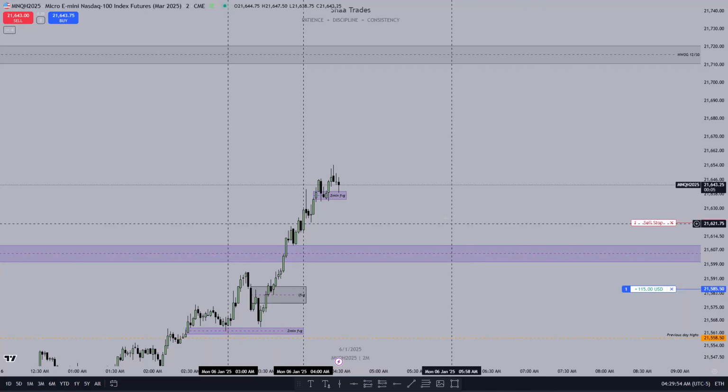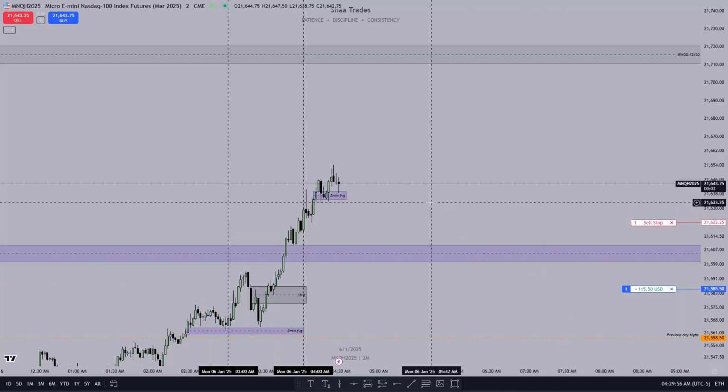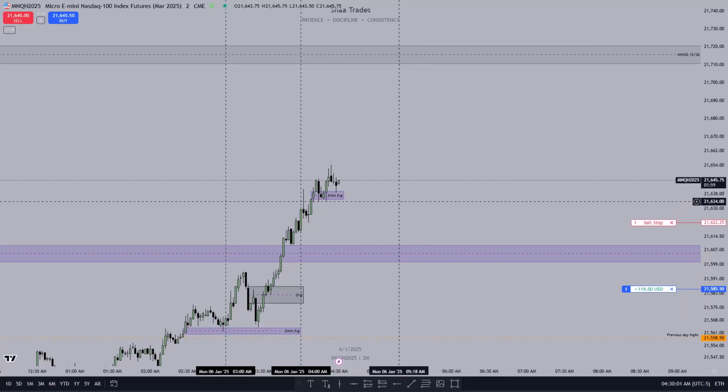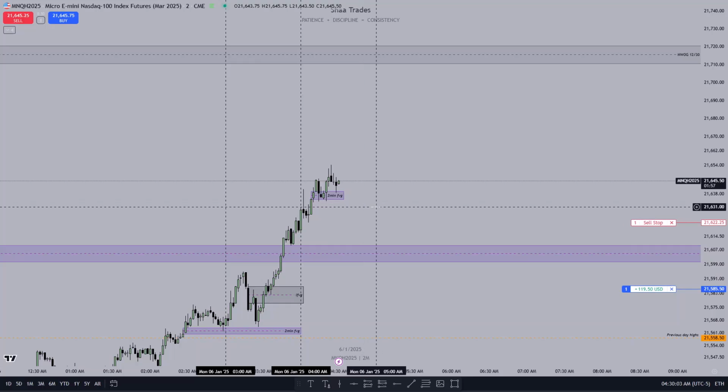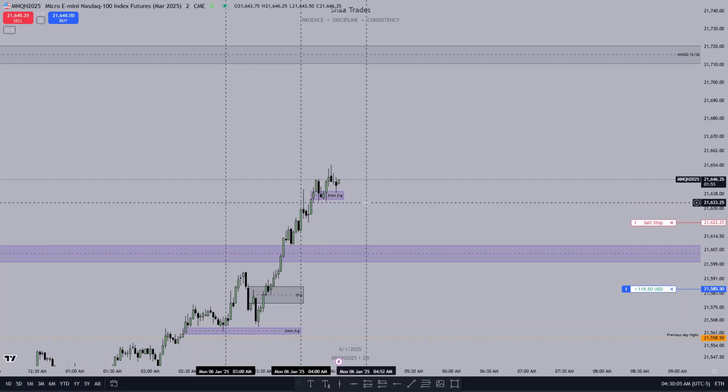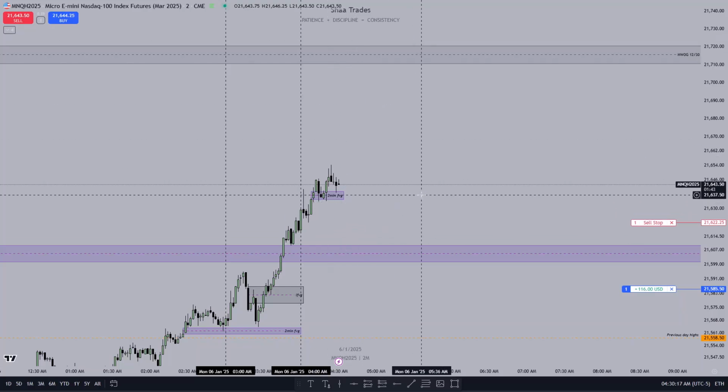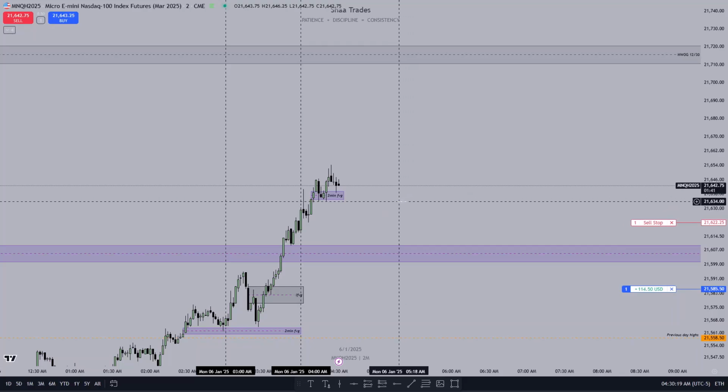I'm looking here if I want to move my stop loss below these lows, just to close the trade out. And that's one of the things I find pretty annoying. If I let this run, that'll be awesome.